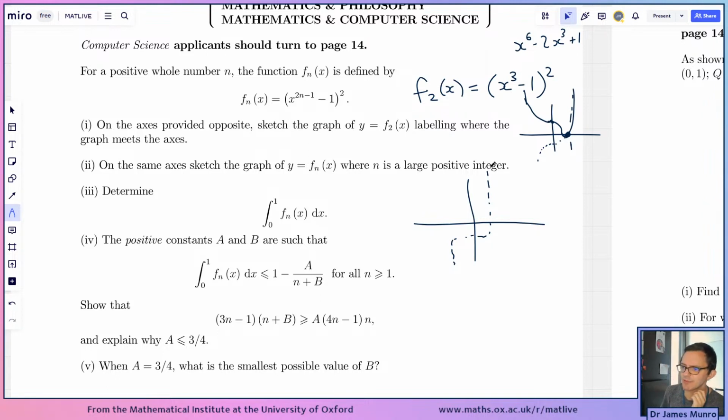This comes from the fact that if your number is greater than 1, then x to the large number is really, really big. This is not scientific notation. x to the 1001 is really, really, really big. And just smaller than -1, something similar is true. x to the 1000 is really, really, really big and positive. x to the 1001 is really, really, really negative.